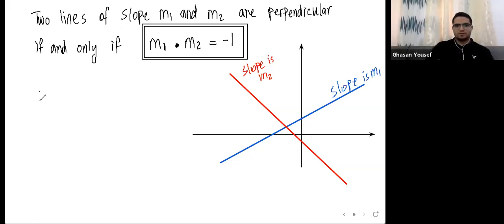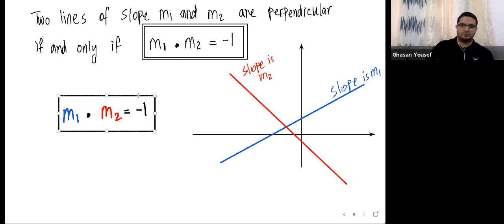So m1 times m2 equals -1. The slope of this one times the slope of the second one equals -1.